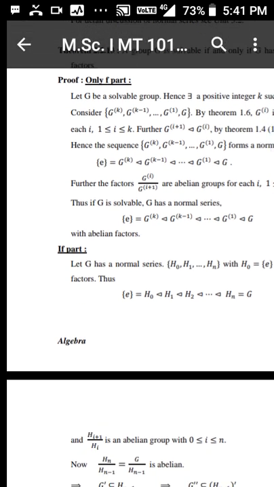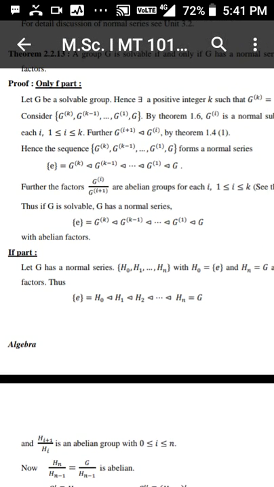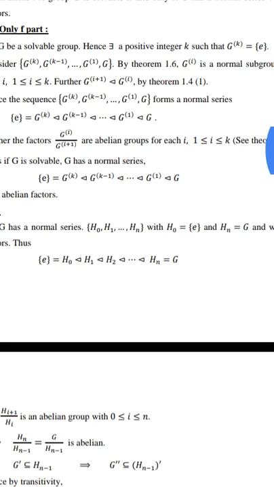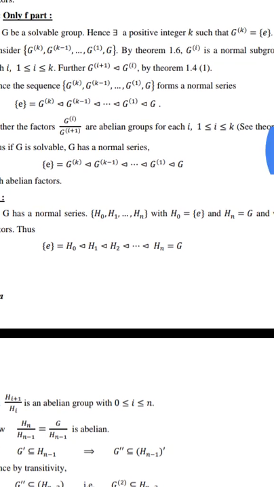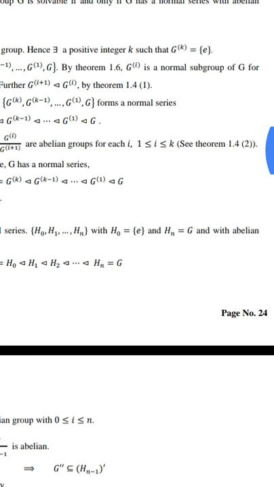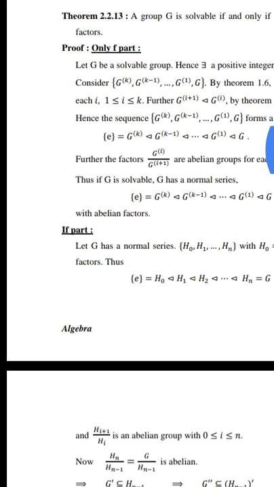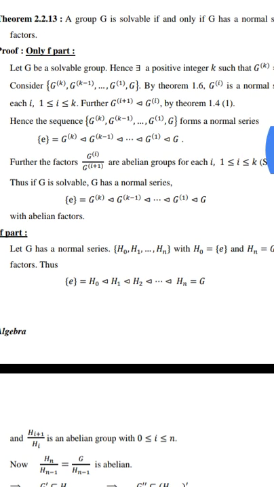Only if part: let G be a soluble group. Hence, there exists a positive integer k such that G raised to k is equal to singleton E. Consider G raised to k minus 1, down to G raised to 1. By the theorem, G raised to i is a normal subgroup of G for each i, and G raised to i plus 1 is normal in G raised to i.